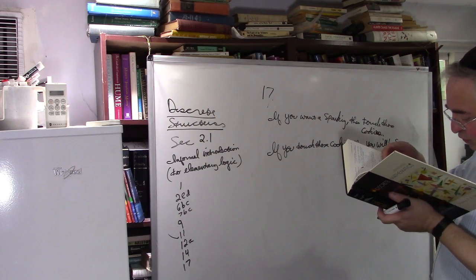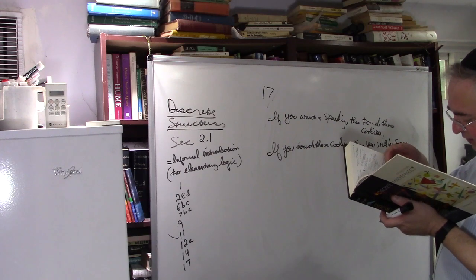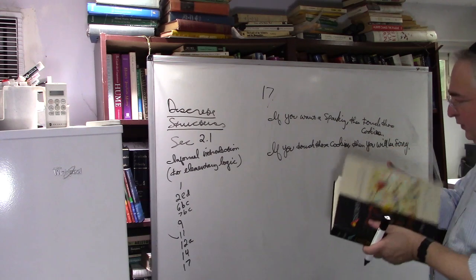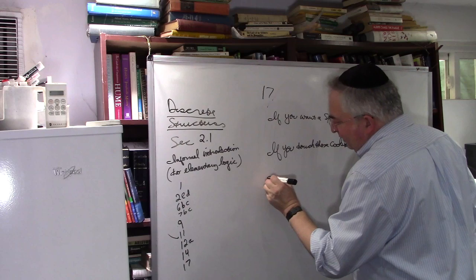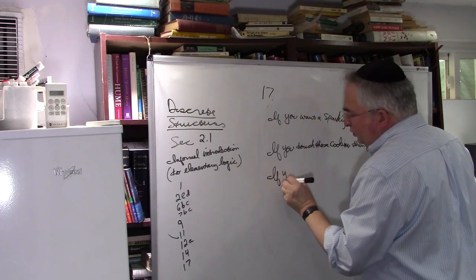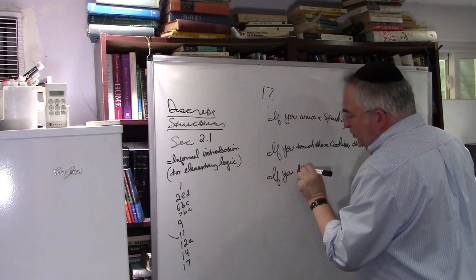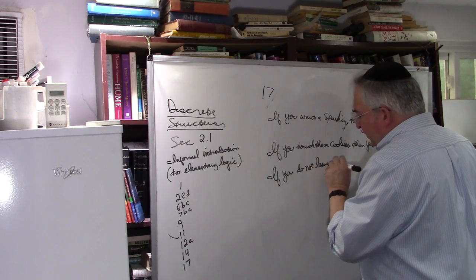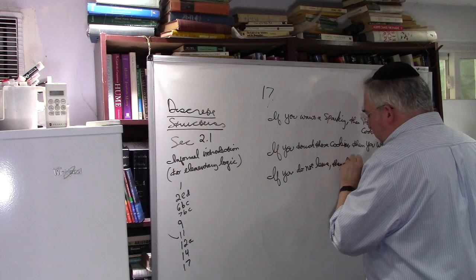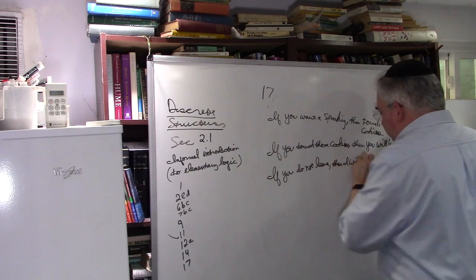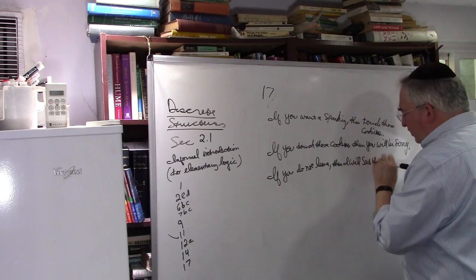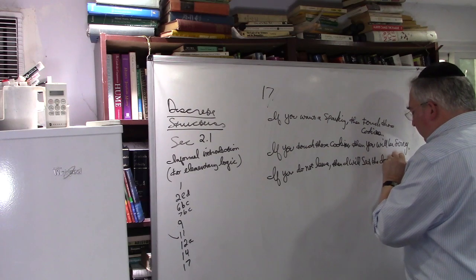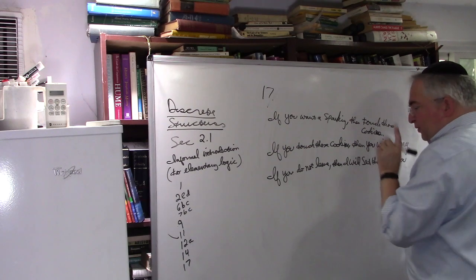Number C. You leave or I'll set the dog on you. If you do not leave, then I will set the dog on you. This one is worth doing.